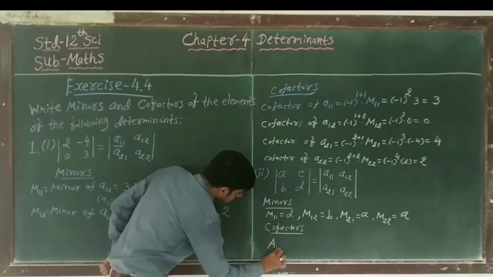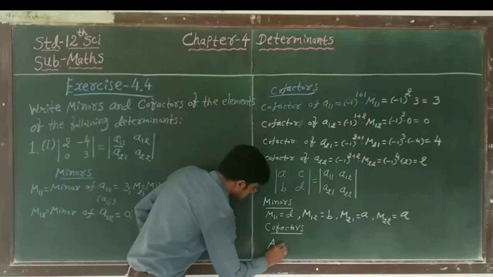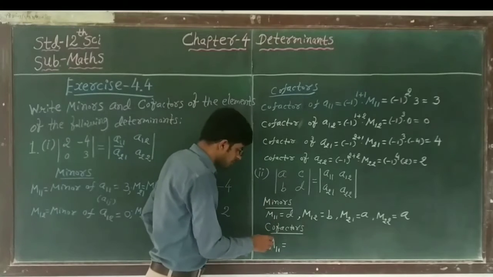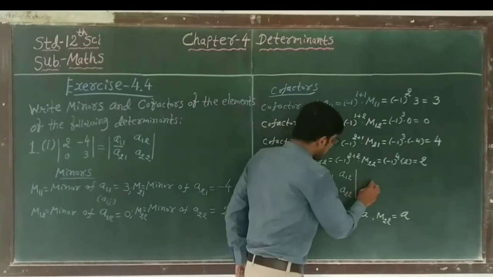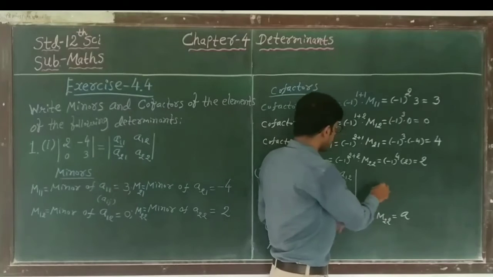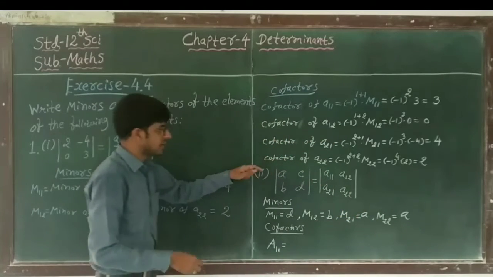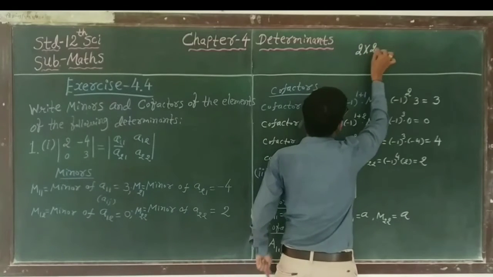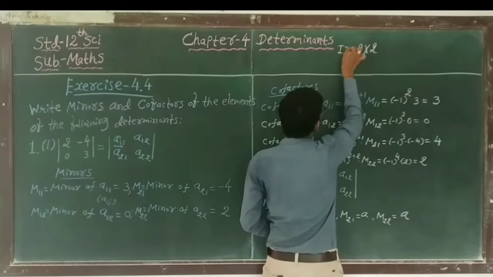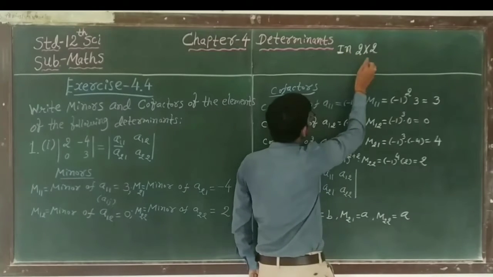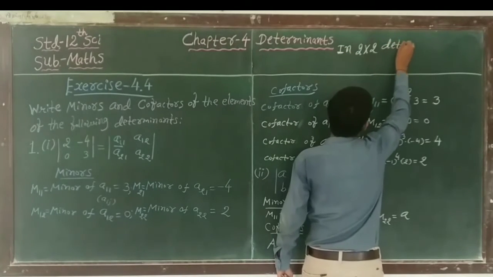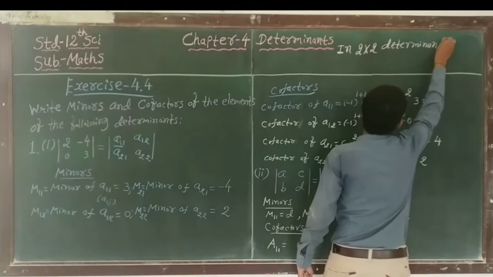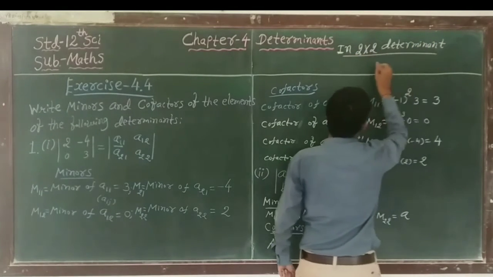First, A11 means minus 1 raised to 2, which means plus 1. We also have to add sign in the cofactor. So for finding cofactors in a 2 by 2 determinant, we have to remember the signs.